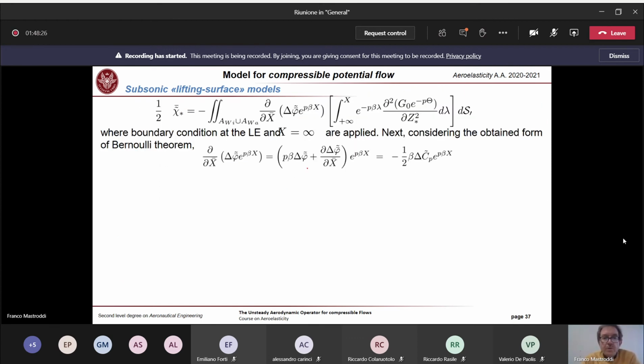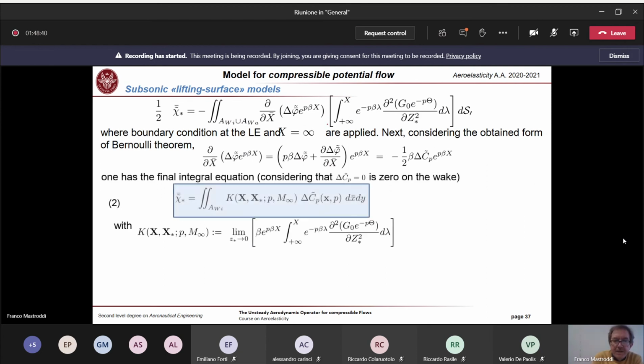Again, we want to see a delta pressure inside. And so we have a complicated integration by part, but not so complicated. We have to integrate by part this term. And after integrating by part this term, we can recognize a pressure, a delta pressure inside this expression.